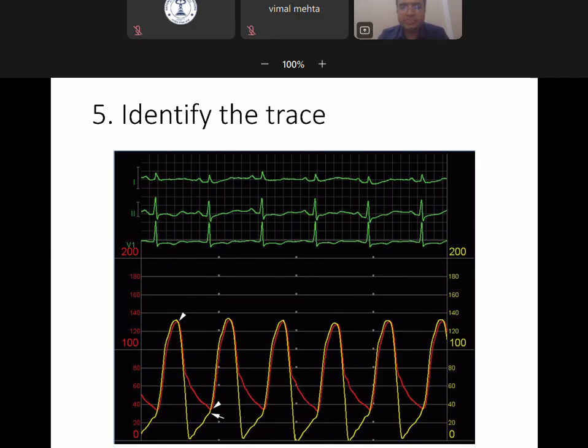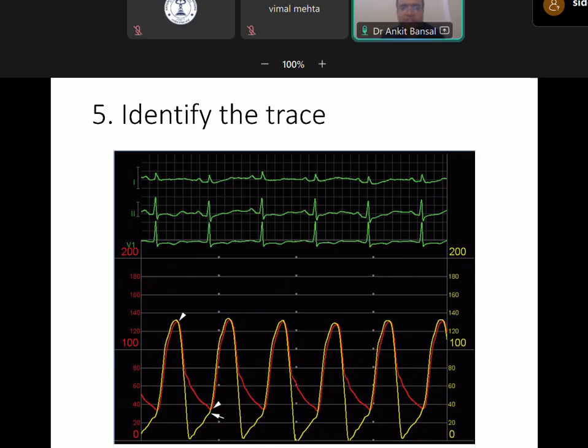So identify this trace. Here markings are not given, so you have to identify which chambers these are and what these traces are.